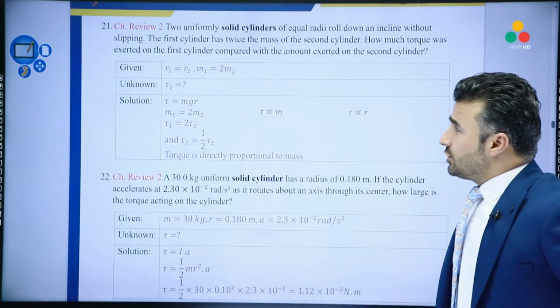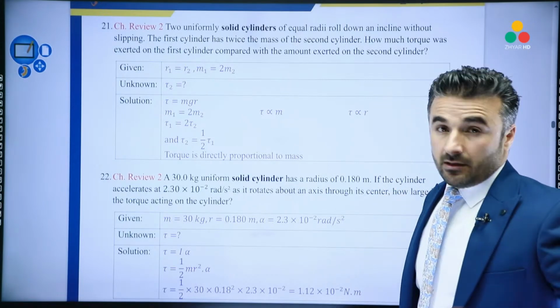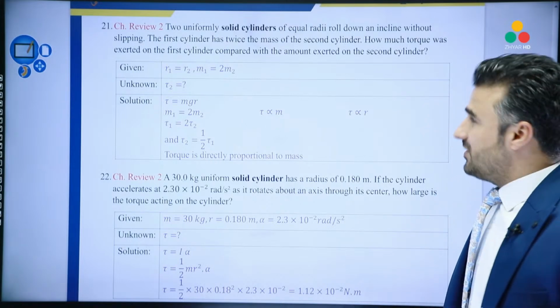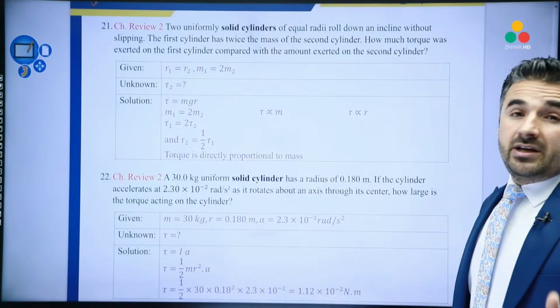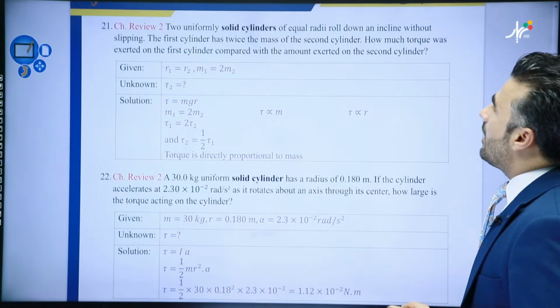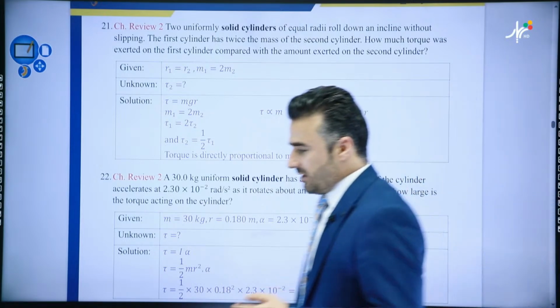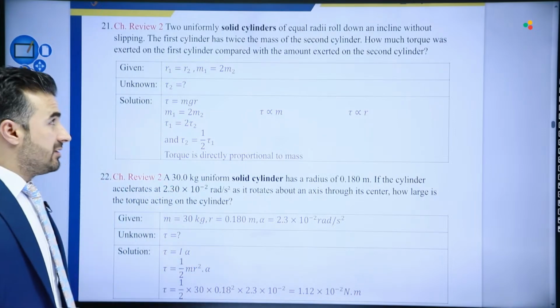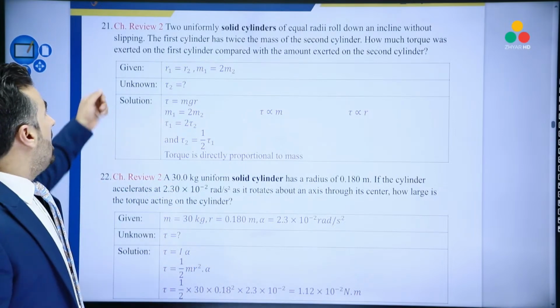It says, two uniform solid cylinders. So we have two cylinders that are solid and uniform, of equal radii, so they have the same radius, roll down an incline without slipping. Okay.